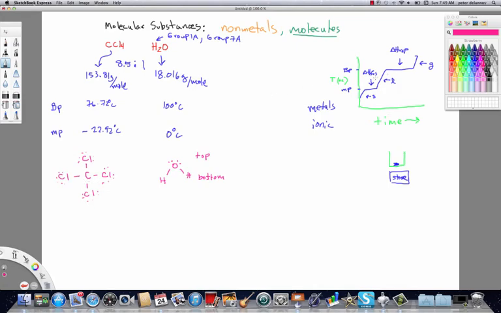Then the next thing that we want to address is whether or not these two molecules have polar bonds in them. And the way we do that is by evaluating whether or not there is an electronegativity difference. All right, and electronegativity is a periodic trend. It increases going left to right, and it decreases down any group.